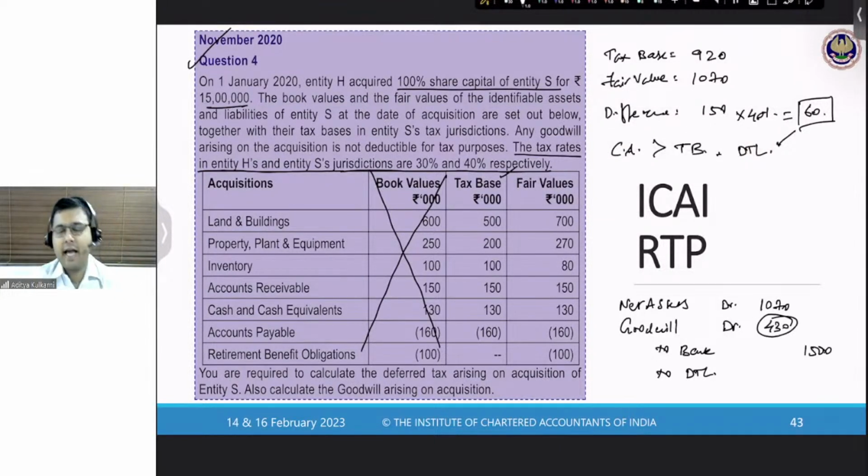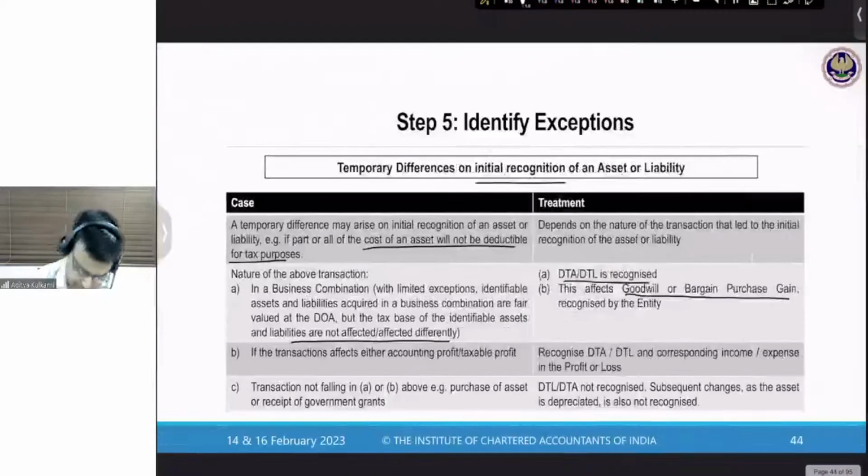But because I have recognized a deferred tax implication on business combination, my goodwill became 490. So goodwill or bargain purchase starts to get affected. If the transaction affects either accounting profit or taxable profit, where am I going to recognize? You will recognize it in the profit or loss.